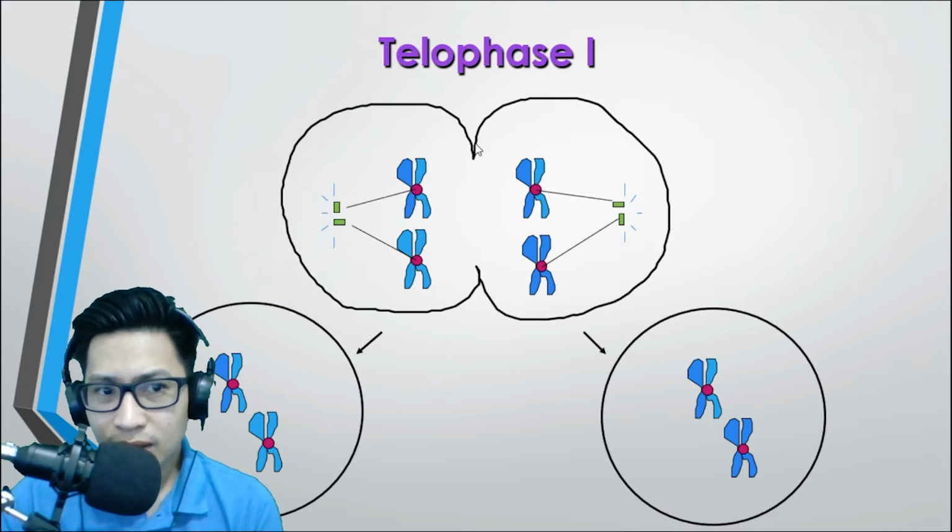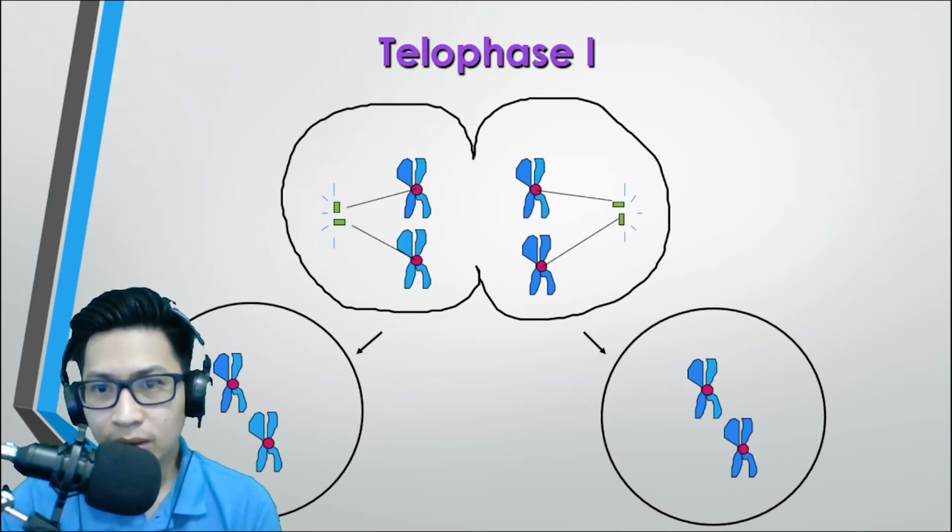In the parent cell, we have 23 pairs of chromosomes. Meaning to say, one from the parent or the mother, one from the father, right? That completes the number of 46.